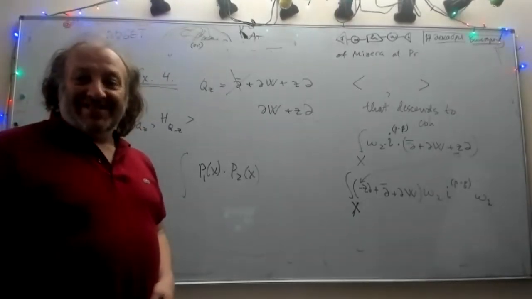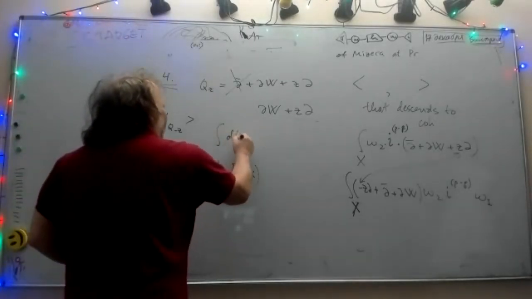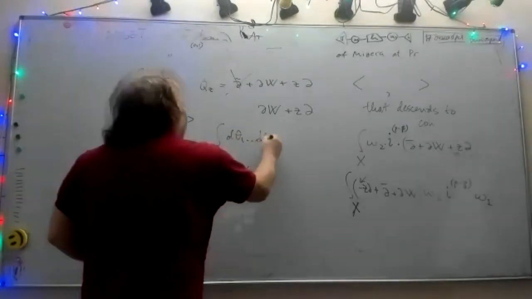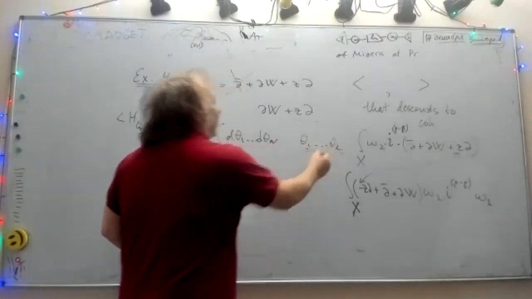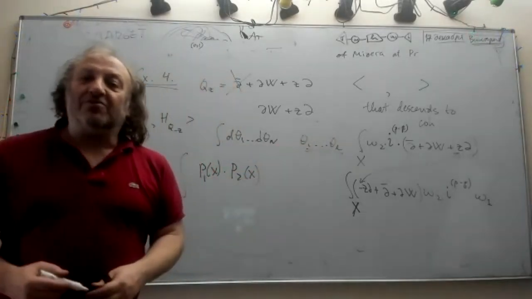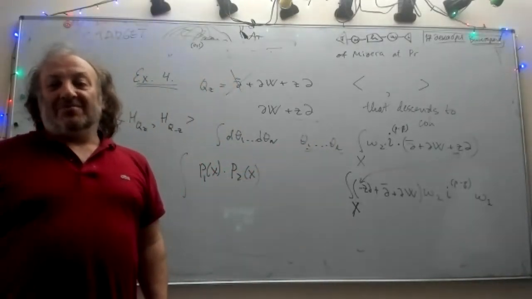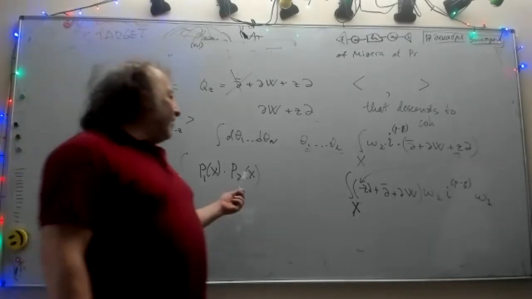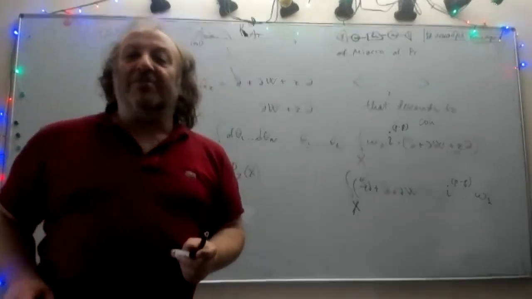Because when you have Berezin integral, you need to have exactly n thetas. And if you have not enough thetas, the integral is zero, and it's called fermionic zero. So having wrong type of differential form means that you have fermionic zero.